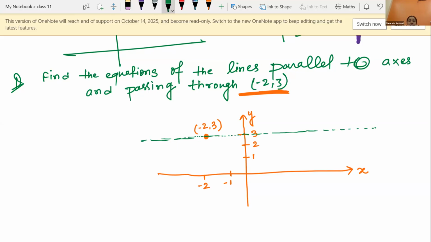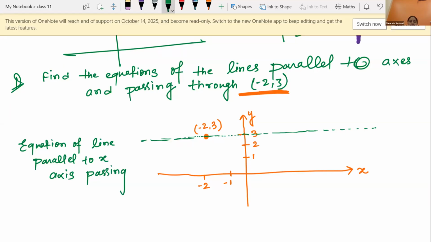Yes or no? Yes, ma'am. We will write the equation of the line parallel to the x-axis passing through -2, 3.